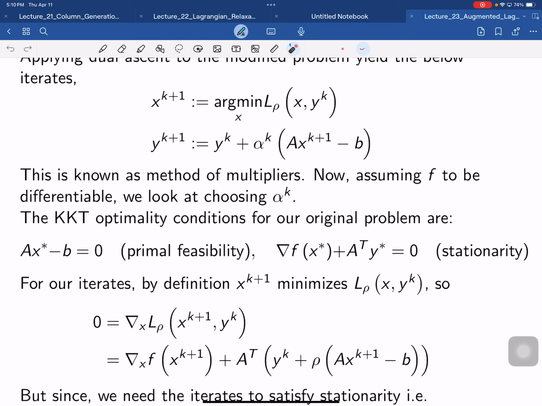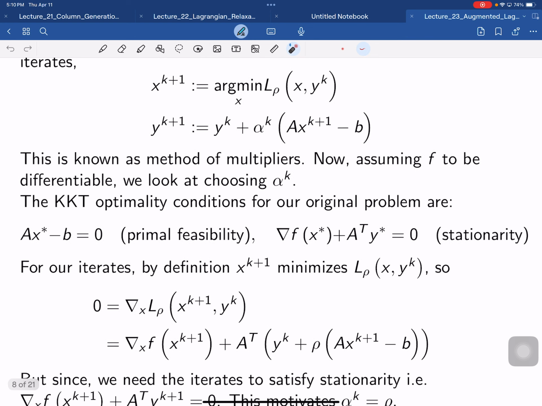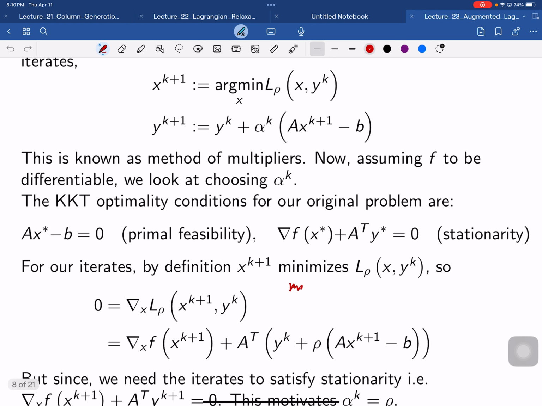Since this problem is convex, if x^(k+1) minimizes this augmented function, maybe I can write it out explicitly. This is minimizing over x: f(x) plus y_k transpose (Ax minus b) plus rho over 2 times the norm of (Ax minus b) squared.